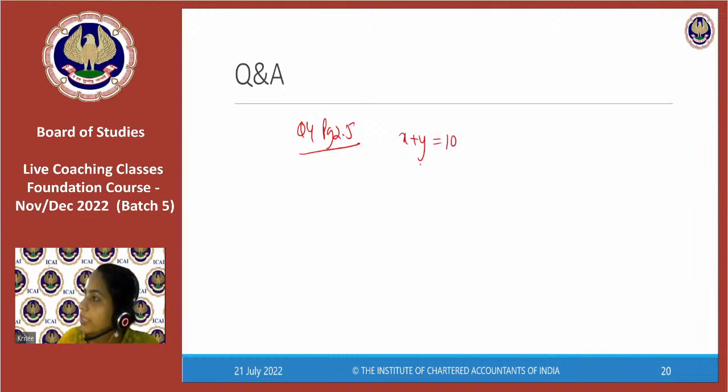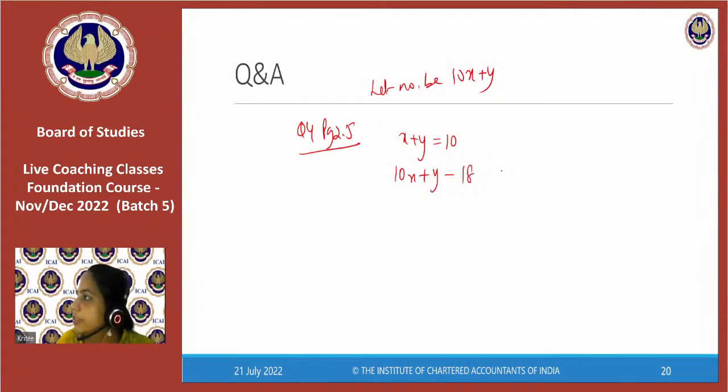If 18 is subtracted from it, let the number be 10x plus y, the digits in the resulting number will be equal.